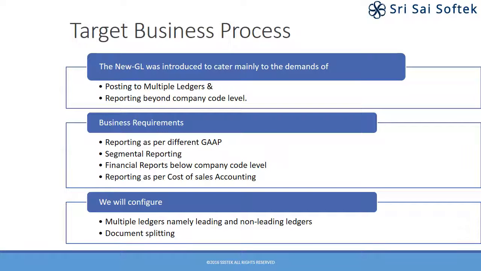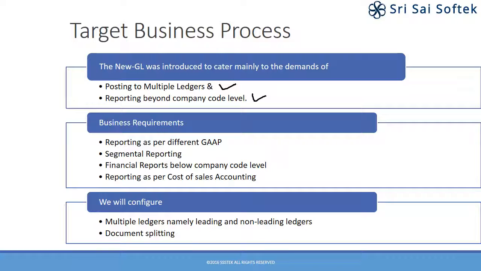You have chosen the topic of new general ledger configuration in SAP. The new general ledger was introduced mainly to cater to the demands of posting to multiple ledgers and reporting beyond the company code level.